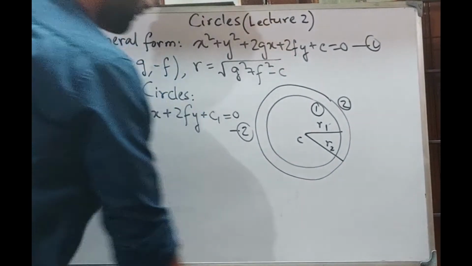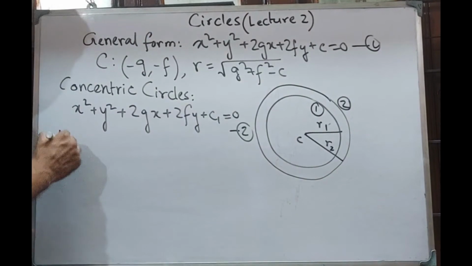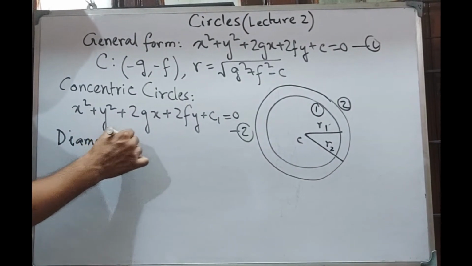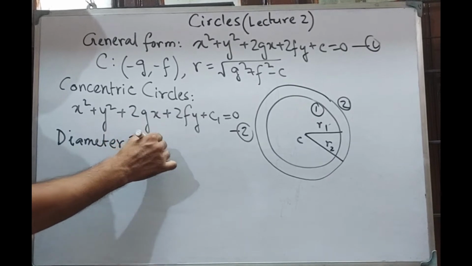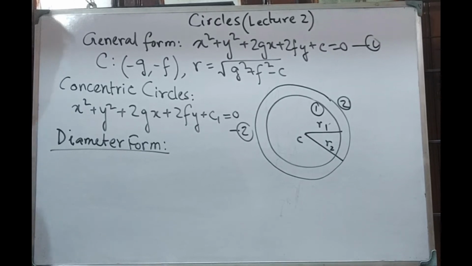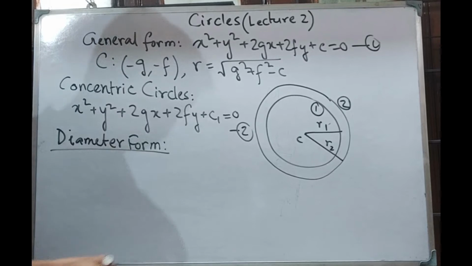So next we are coming to the diameter form of a circle. This is the third form for a circle, because the second form we have done as the general form. The first one was the central form, and here it is the diameter form.